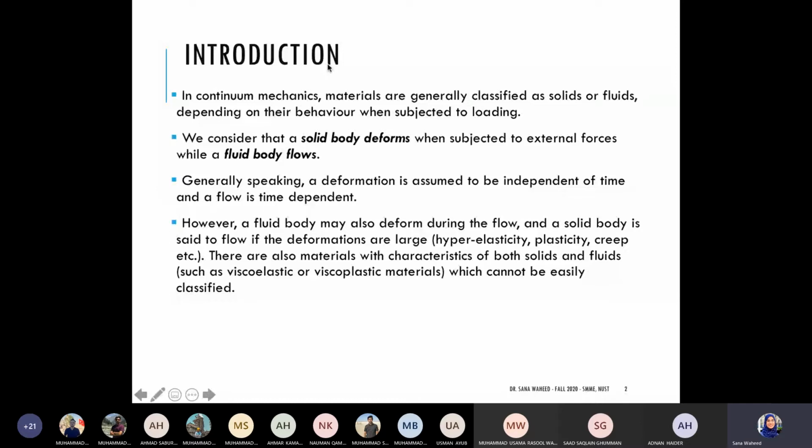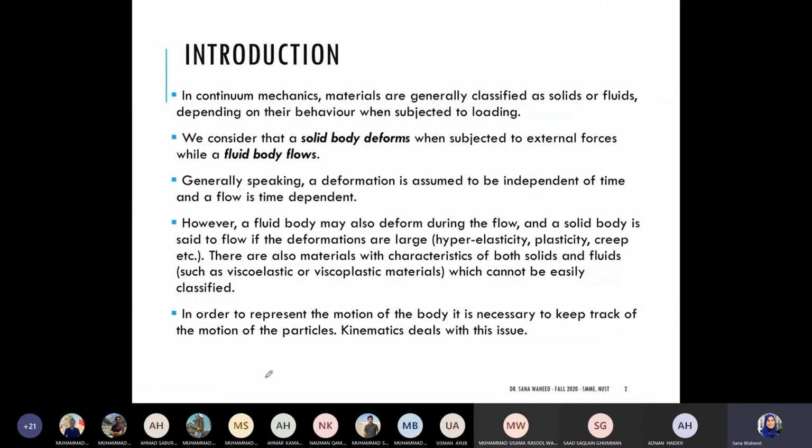So even in the deformation or in the fluid flow, we are actually talking about the motion of the particles. ठीक? So fluid flow में तो clearly there is motion, but even when a solid body is deforming, there will be some geometric changes to the position of the particles. Now this study of the motion of particles is known as kinematics.